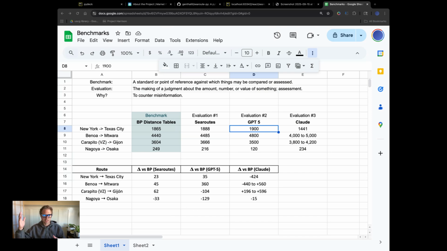You'd have to iterate through hundreds or maybe even 1,000 different distances and compare Searoutes, GPT, and Claude. But that's not the point. This is just demonstrating how you actually evaluate a tool within a reasoning agent. And this is how you do it.